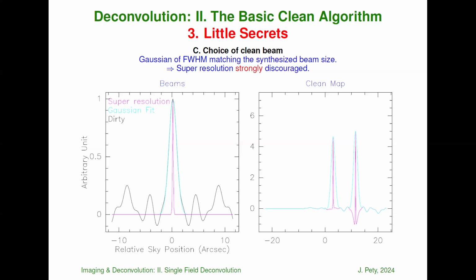But when you're doing super resolution, you see that you get strange things happening, negative stuff happening, okay? So that's why super resolution is not recommended. And this is due to the fact that in the residual, you have a natural angular resolution. And by adding the residual, you should be consistent between your clean component list and your residuals.